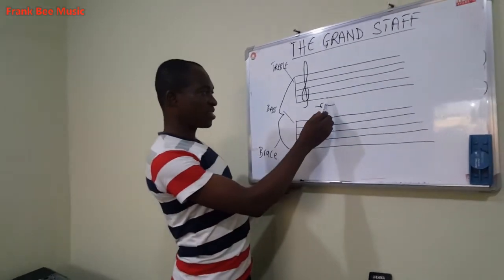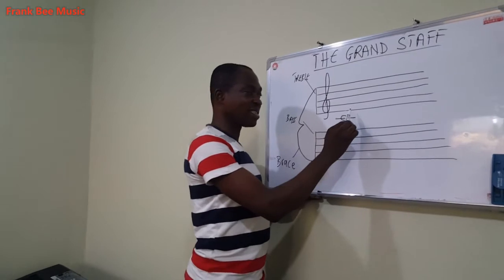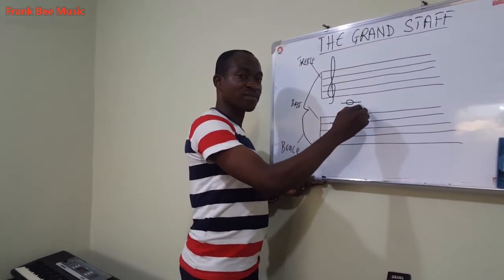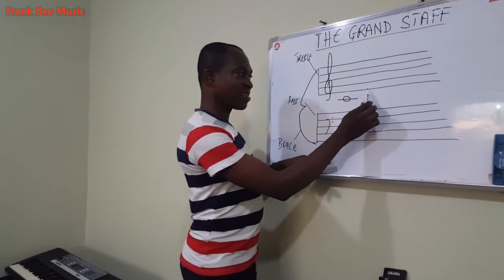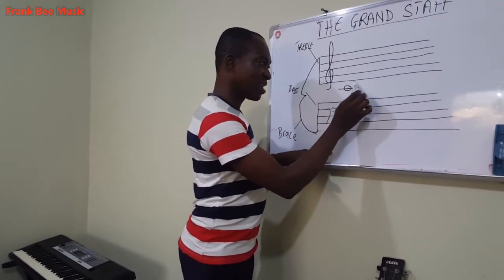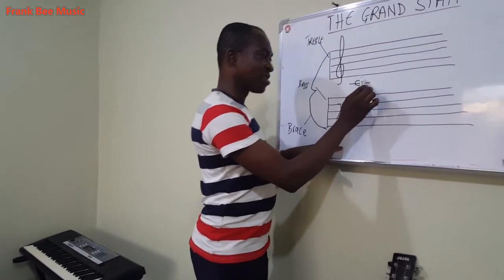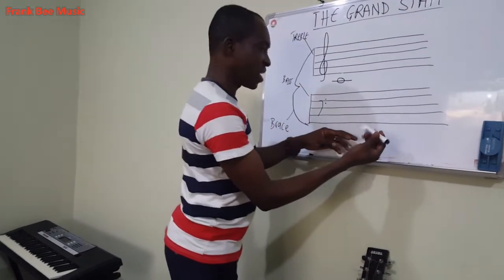We have this line is E, the space here is D, and then we have the C here. So the same thing applies here.